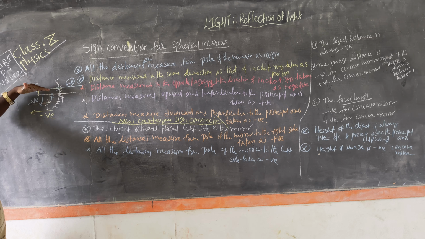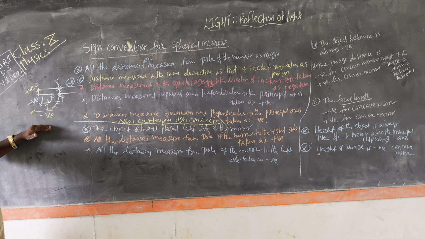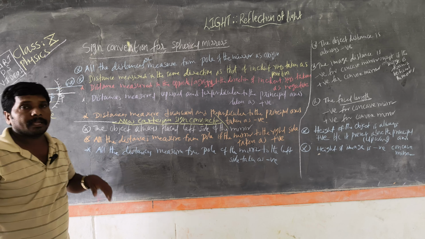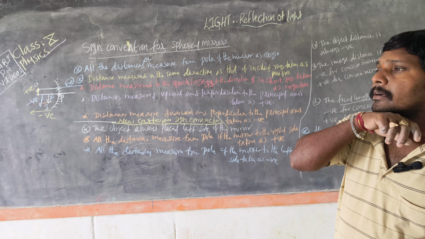If anything is above the principal axis, taken as positive. If anything is below the principal axis, taken as negative. These are the old sign conventions.